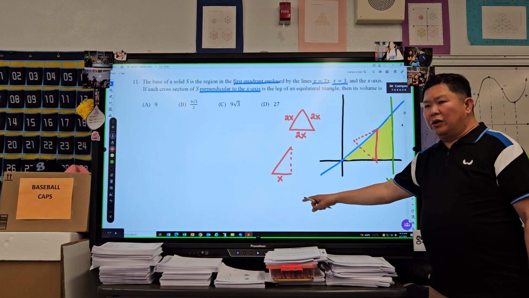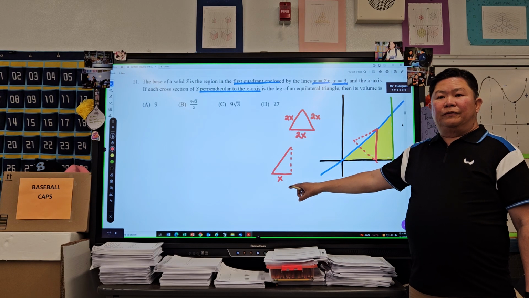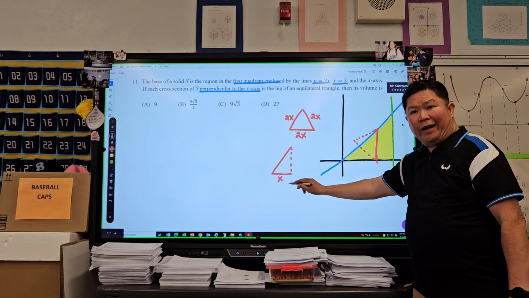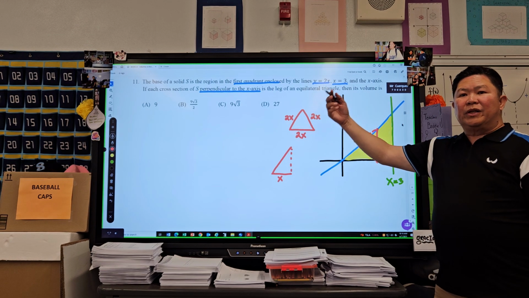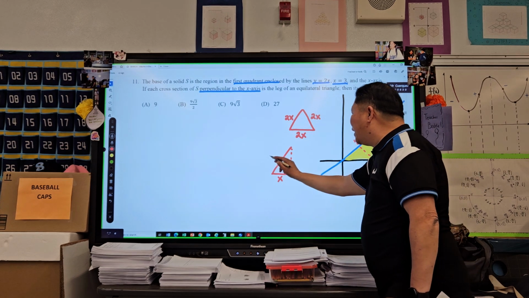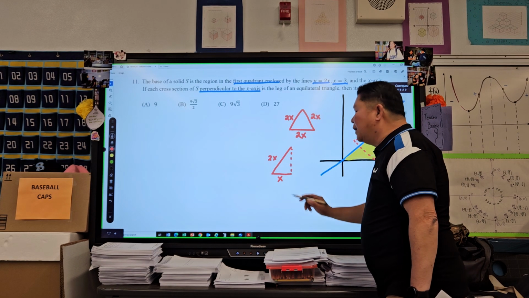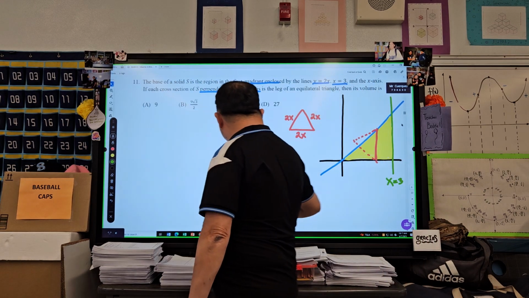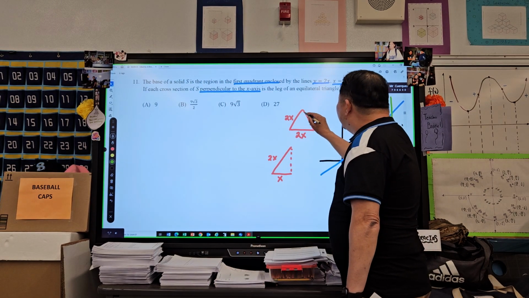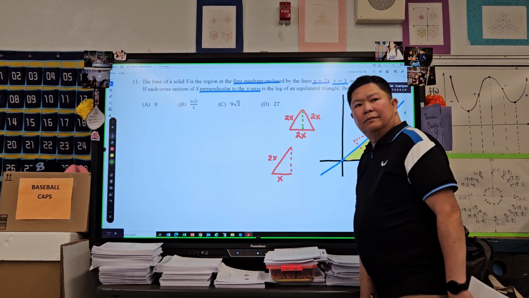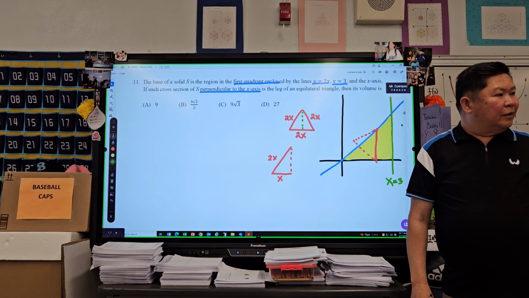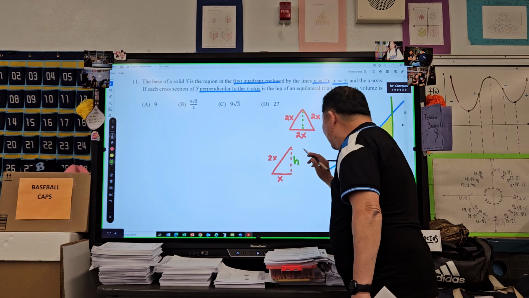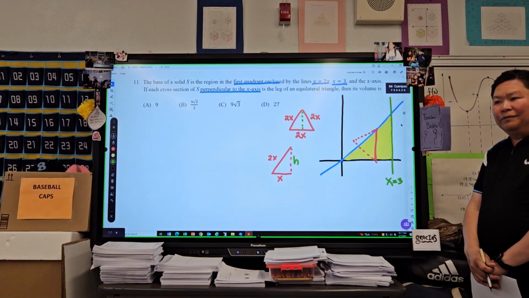Twice the measure of the shorter leg is the hypotenuse. Now this right here is the height of the triangle, and I just denote this as h. Clear now?